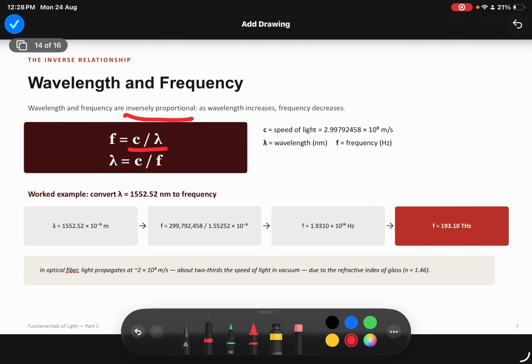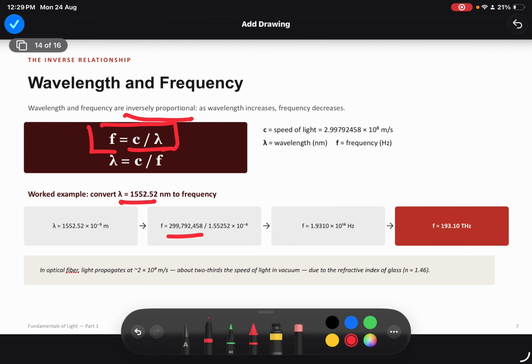Now if you take one example, for instance lambda is 1552.52 nanometers. How do I convert it into frequency? Using this formula, frequency is equal to C by lambda, where C is the speed of light in vacuum.